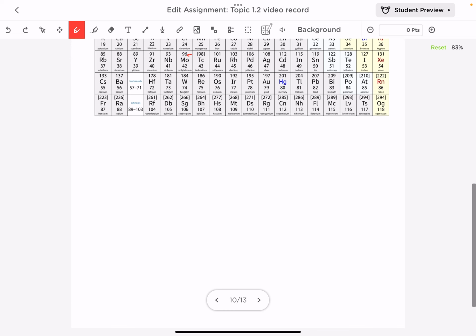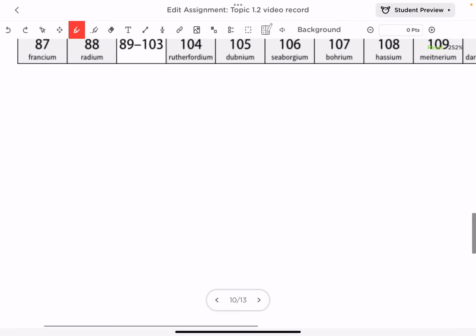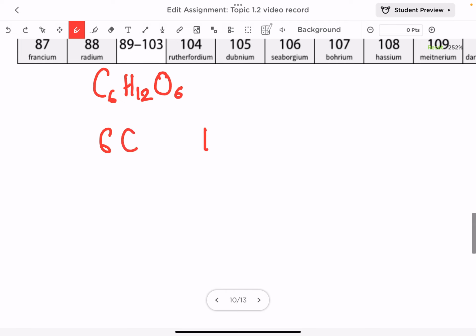For example, I'm going to give you a question to calculate the molar mass of C6H12O6. First of all, you need to understand the structure of this molecule. In this one, I have 6 carbons, 12 hydrogen atoms, and 6 oxygen atoms.